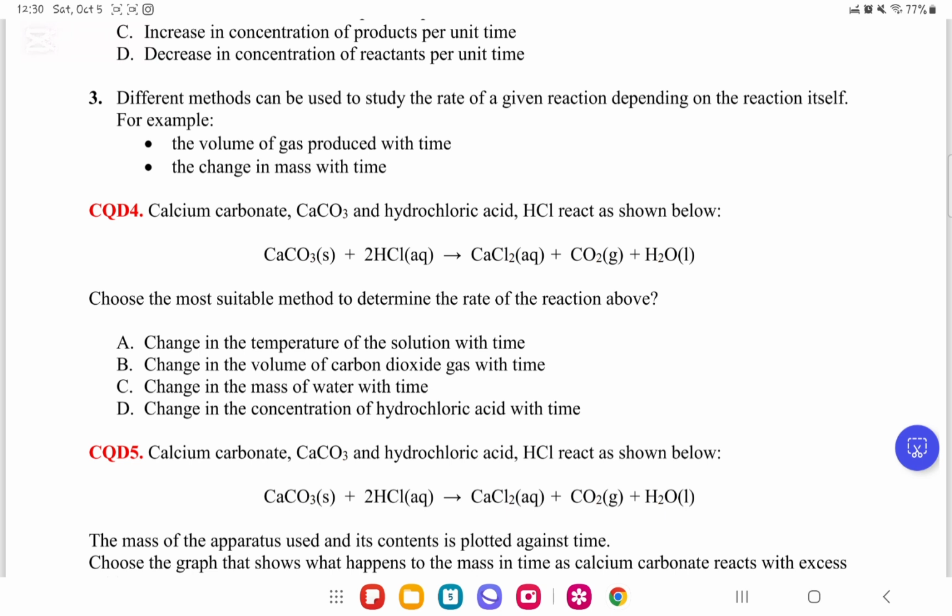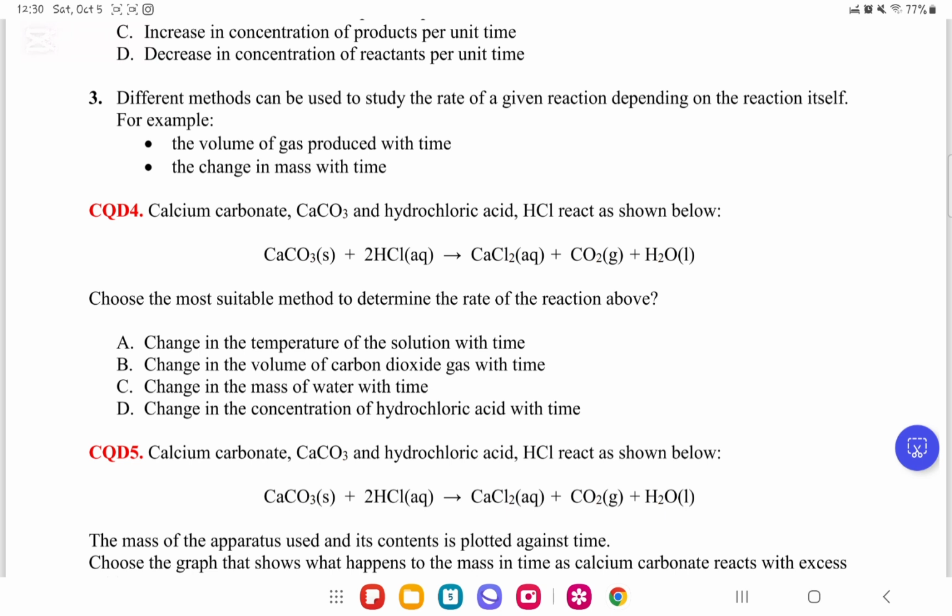So for CQD number 4, we need to choose the most suitable method to determine the rate of the reaction above. First of all, A, change in temperature of solution with time. We didn't say anything about the temperature of the solution, so definitely A is wrong. B, the change in volume of carbon dioxide gas with time.